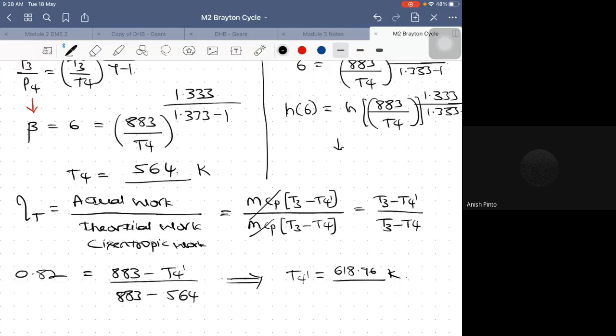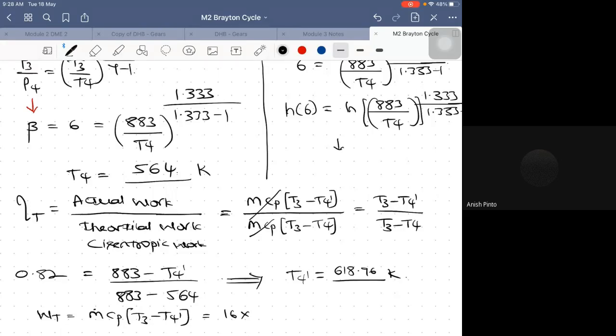Now, once T4 dash is calculated, calculate the turbine work output. Here it is m Cp into T3 initial minus final, but since efficiency is given, it is T4 dash. Now, m dot is given as how much? It is 16 kg per second.